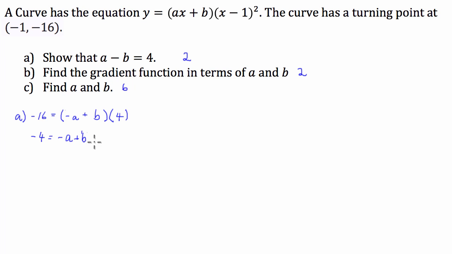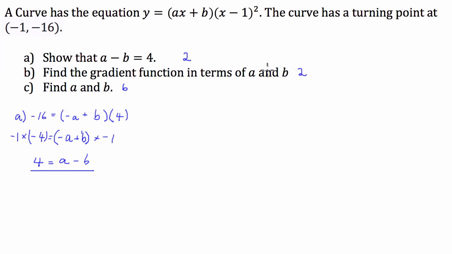Now I'm going to times both sides by -1. -1 times -4 is just 4, and that's equal to -a times -1 is a, b times -1 is minus b. And that is the solution for the first part of the problem. So you can see that these aren't that tricky if you know what you're doing, and that's why they're only worth about 2 marks.